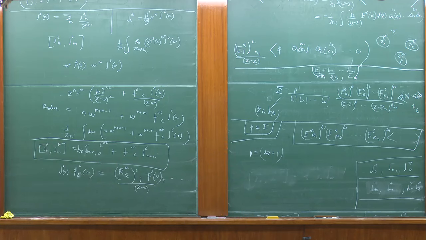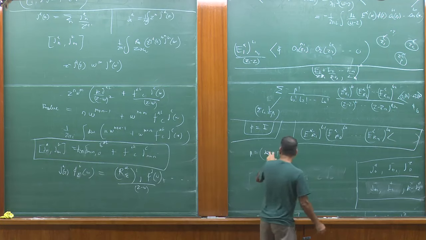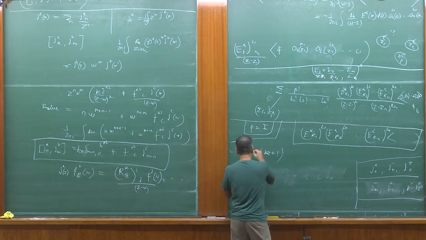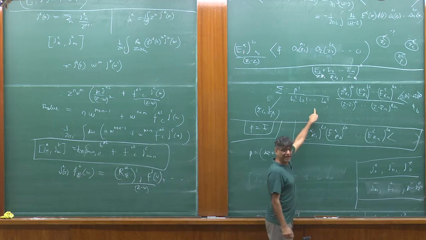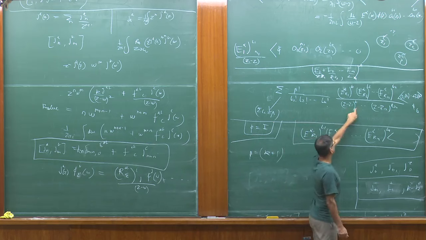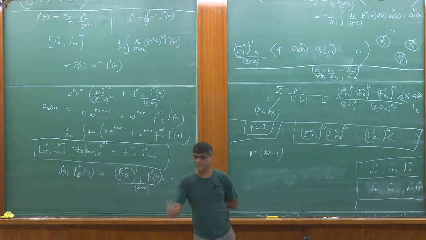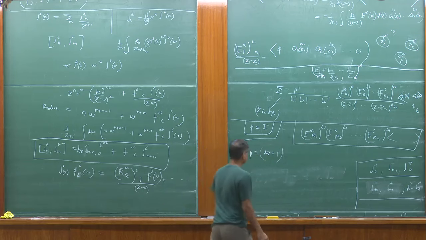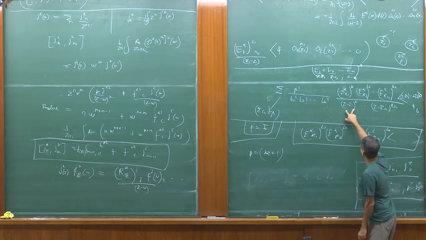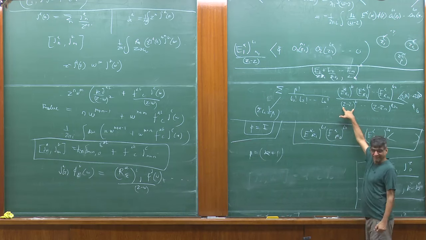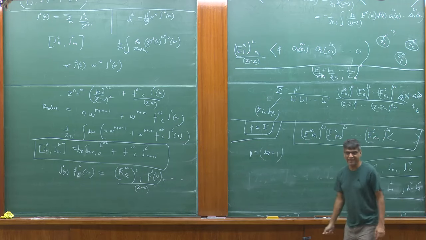So the maximum number of times we could act any E alpha on any one object, namely the maximum value of L1, was K plus 1. So suppose I wanted to isolate out the term where L1 is equal to K plus 1 and all other L's equal 0.